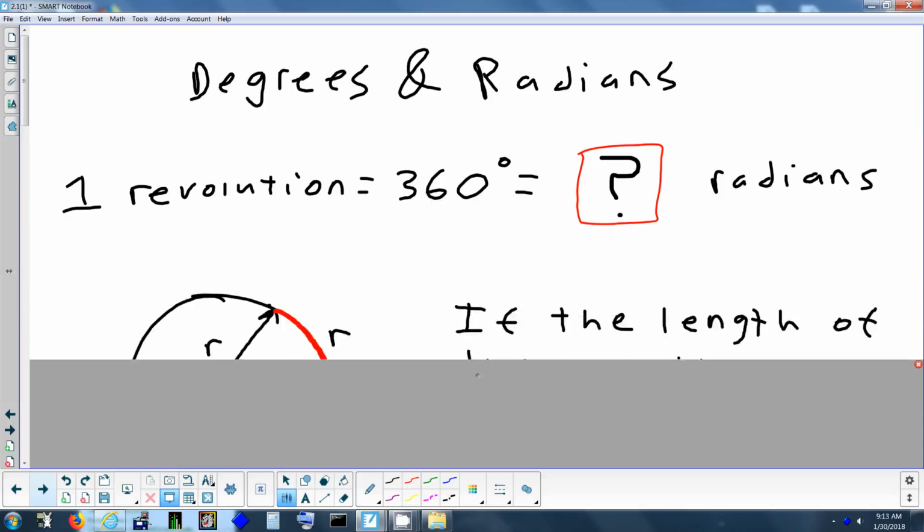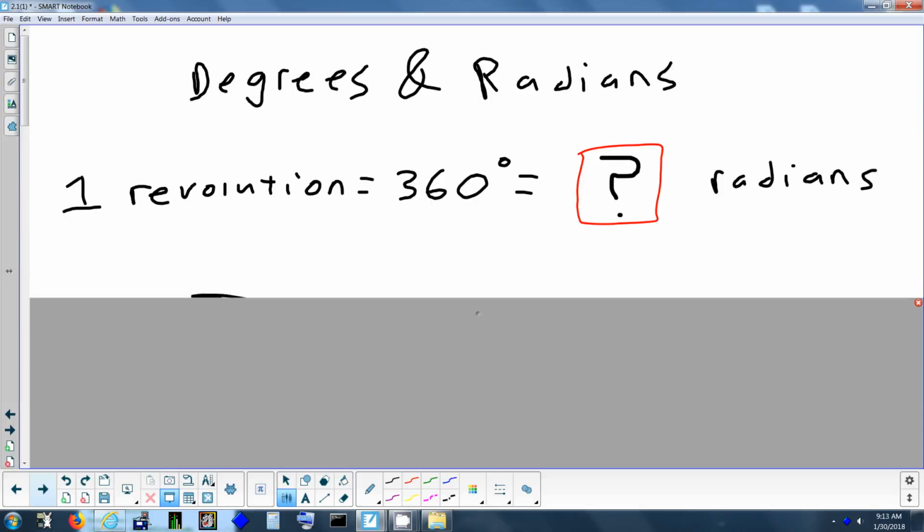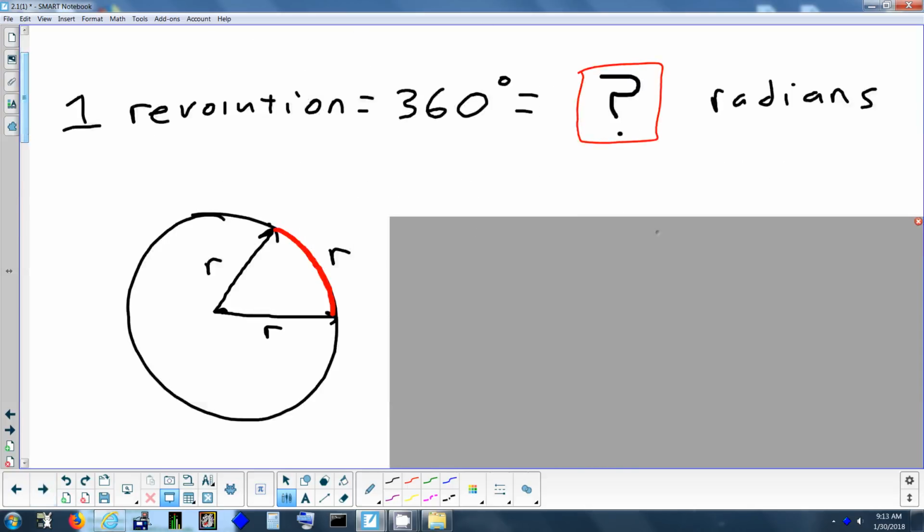Okay, so let's start with kind of visualizing what a radian is. I'm not going to describe anything numerical. I'm going to draw a picture and kind of describe it geometrically what a radian is. We're going to draw that circle. Inside that circle, I've drawn an angle. I tried to put the vertex of the angle right at the center of the circle. The two rays of the circle I've labeled R. What do you think R stands for?